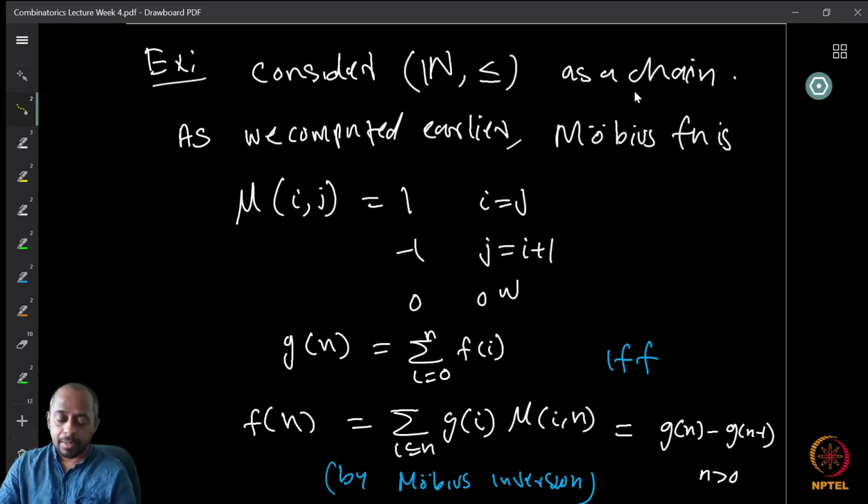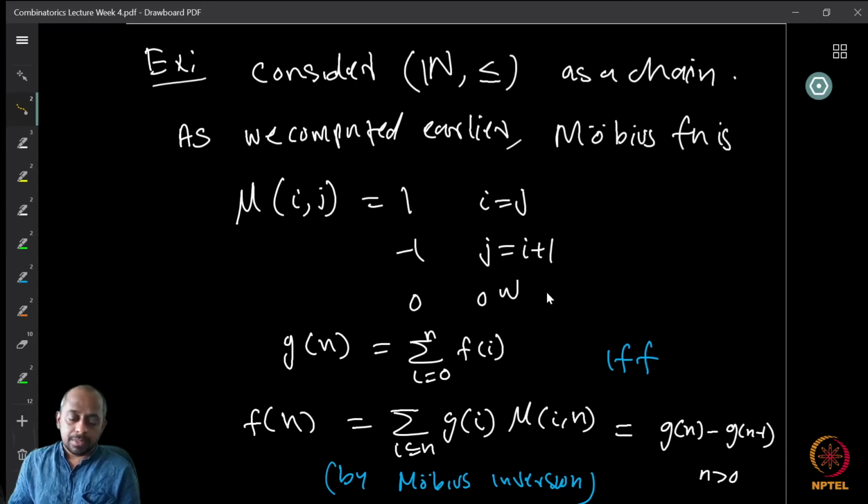In the previous example for computing the Mobius function, we only looked at a small subset, 1 to n. But because of the telescoping property that we observed, it works for all n. So the Mobius function of this poset is given by mu of i j equal to 1 when i is equal to j, equal to -1 when j is equal to i plus 1, and 0 otherwise.